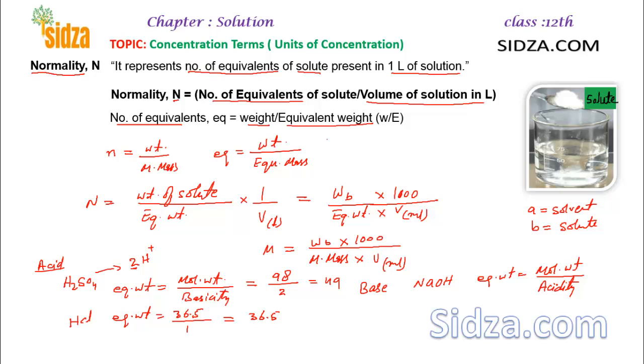For sodium hydroxide, the molecular weight is 40, and its acidity means how many hydroxide ions you get from one molecule. You get only one hydroxide ion, so its acidity is 1. Therefore its equivalent weight and molecular weight are both the same, 40. So this is how we calculate the equivalent weight of an acid or a base.